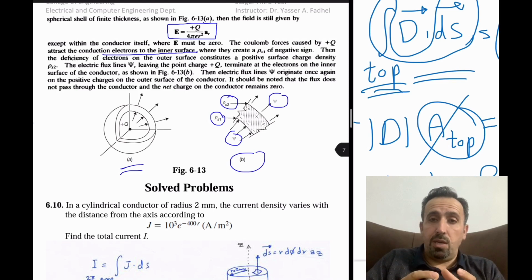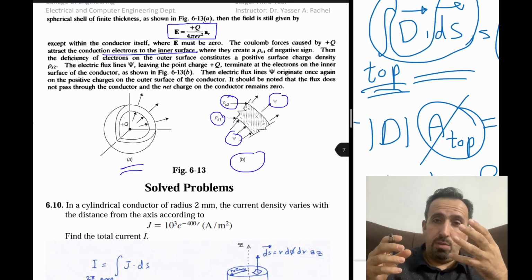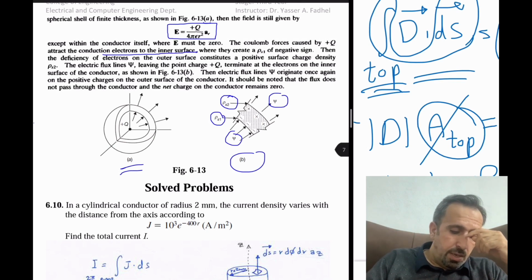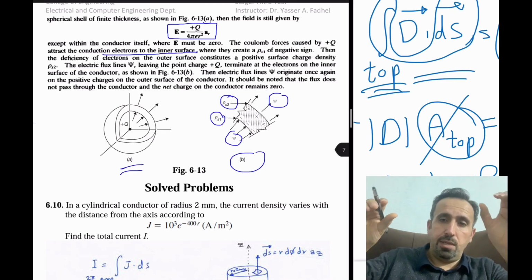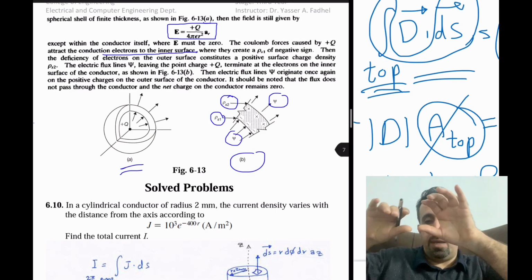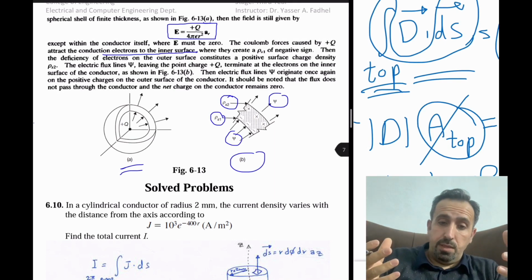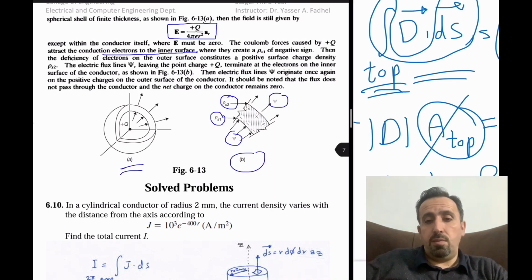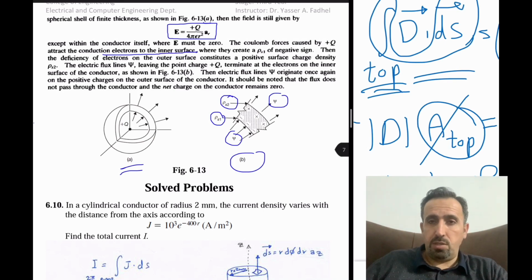Something like that will be taking place, but not due to penetration of this flux through the conductor shell, but due to attraction of the electrons in that conductor shell downward to be collected on the inner surface, and the outermost surface will have a positive charge distribution.